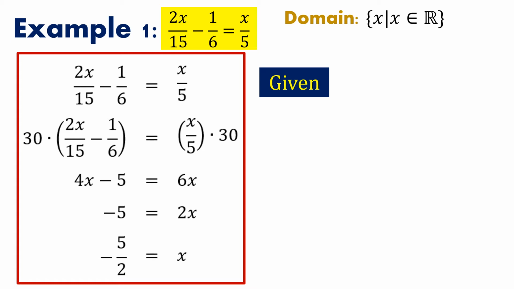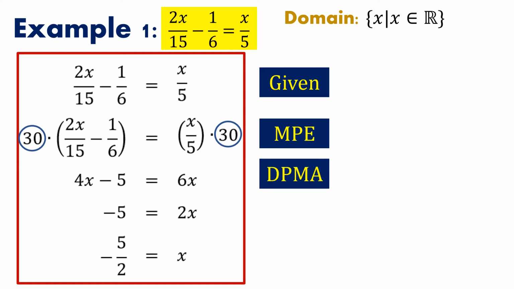Given the equation, we apply the multiplication property of equality. That is, we multiply both sides of the equation by the least common denominator, which is 30. We apply the distributive property of multiplication over addition, and then simplify. We apply the addition property of equality and subtract 4x from both sides of the equation.